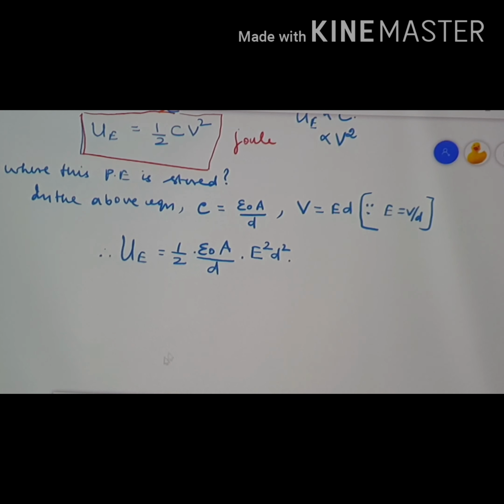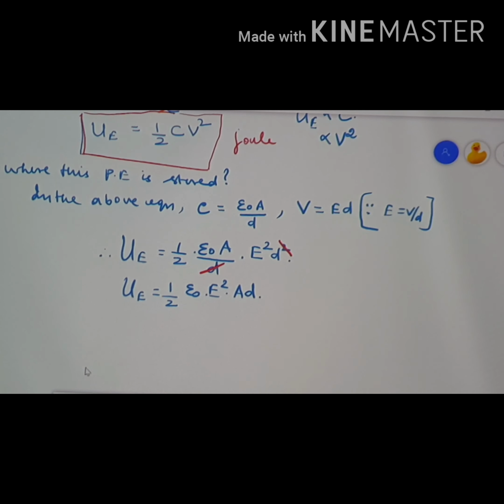Now I can cancel one of this D and this D. So the potential energy stored is half into epsilon 0 into E square into area A into the distance D.